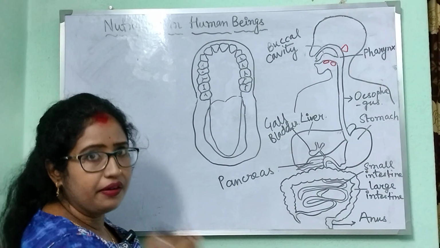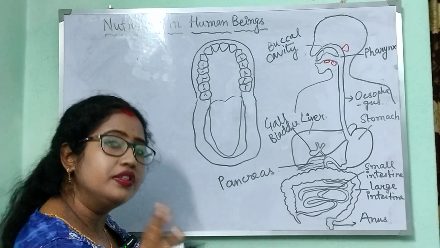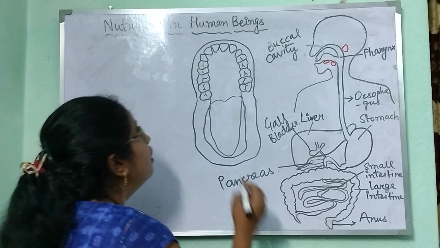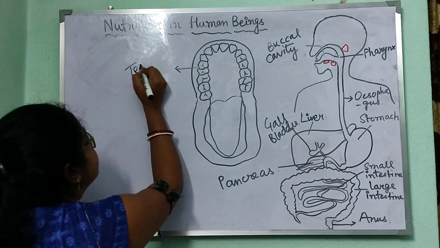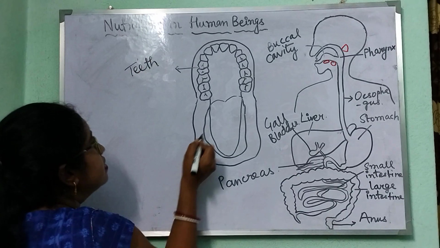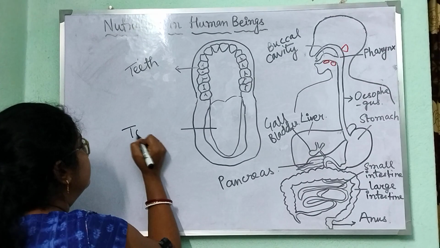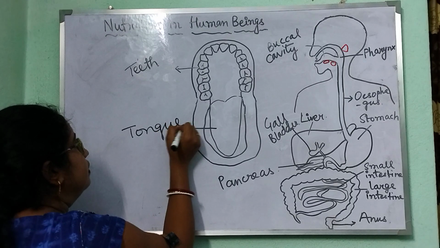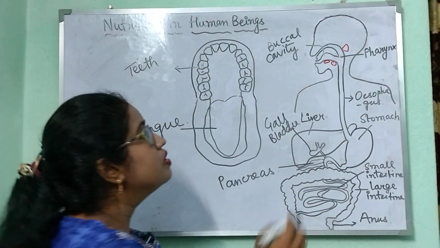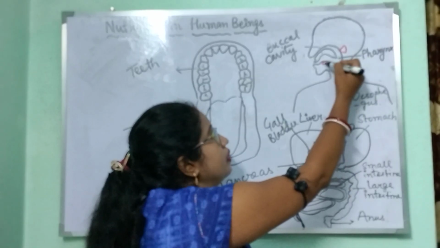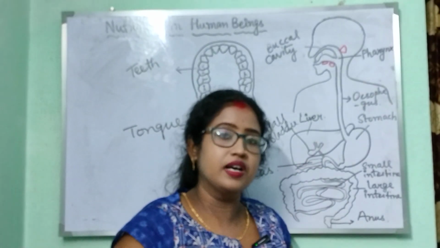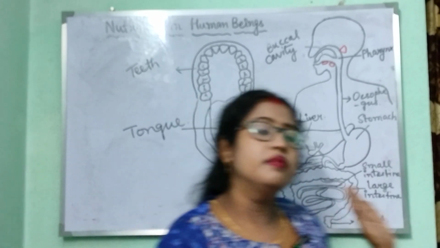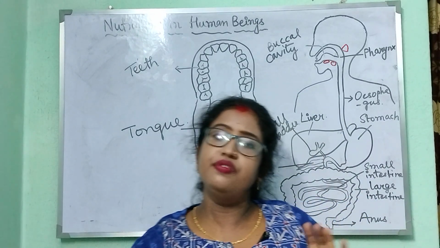Our buccal cavity actually has three portions. The first one is the teeth. The second one is the tongue. And the third one is the salivary glands. So let's discuss these parts of the buccal cavity one by one.